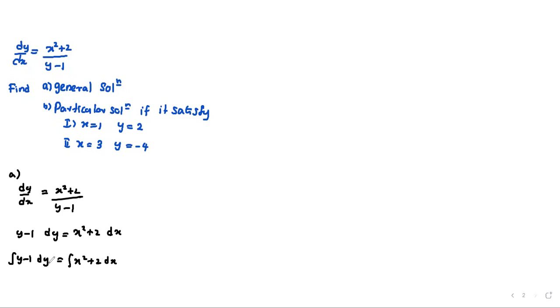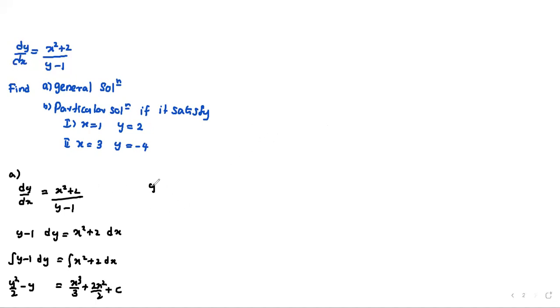If you integrate y plus 1, the answer is y squared over 2 minus y, equals x cubed over 3 plus 2x squared over 2 plus c.